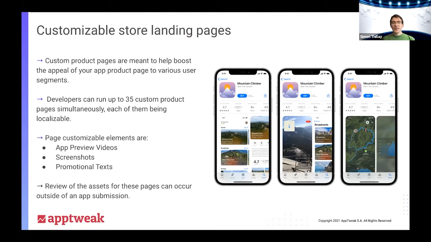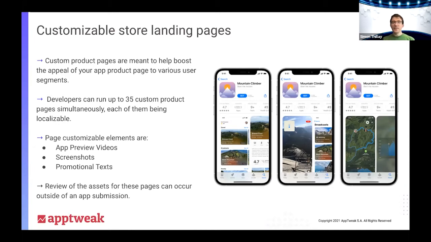Basically this means that whenever you're running a very specific ad campaign and you want to be doing contextual advertising, you can use a customizable product page as the landing page for that ad and keep a very seamless flow in your user acquisition funnel. Some of the things that are important to note are, the first one is going to be the review process.